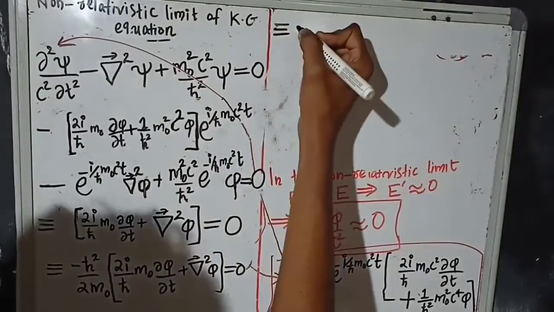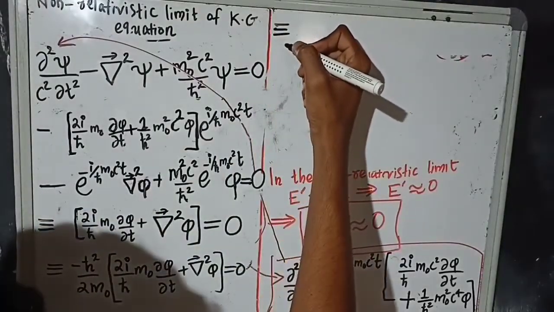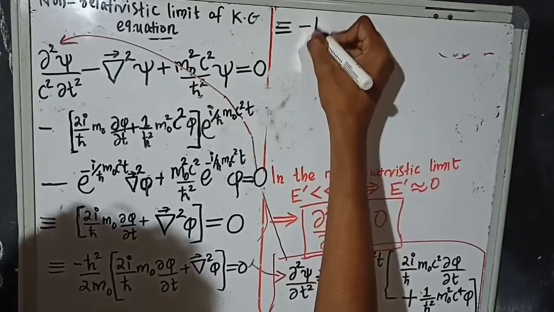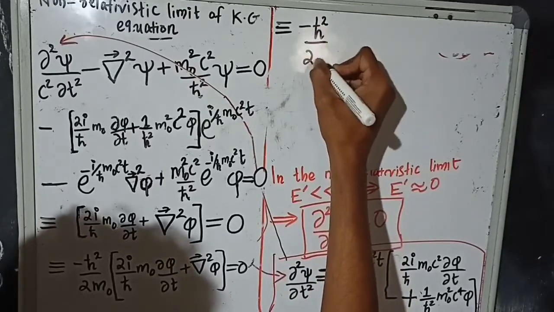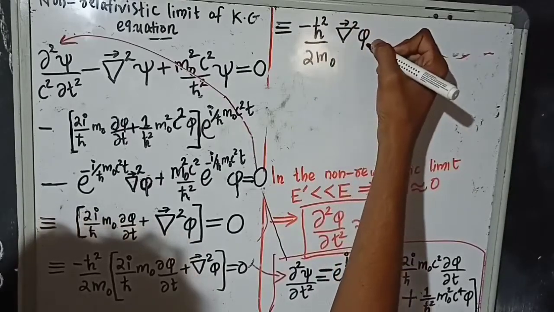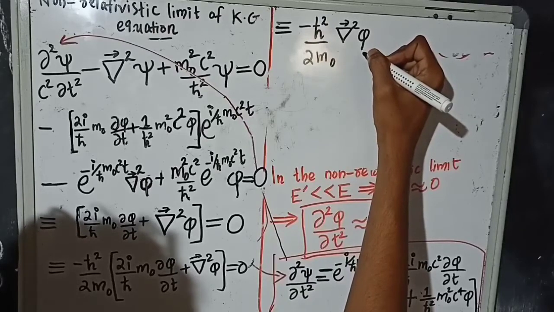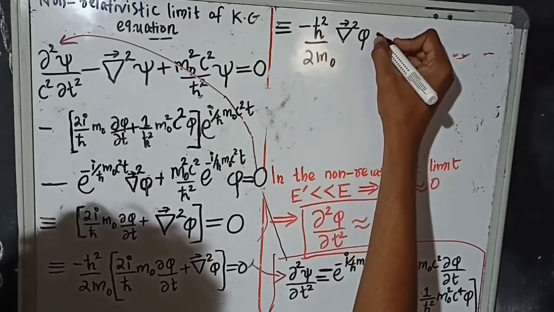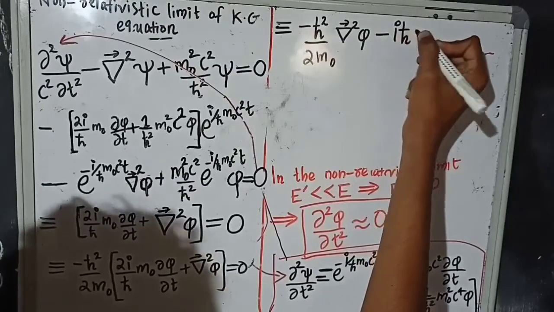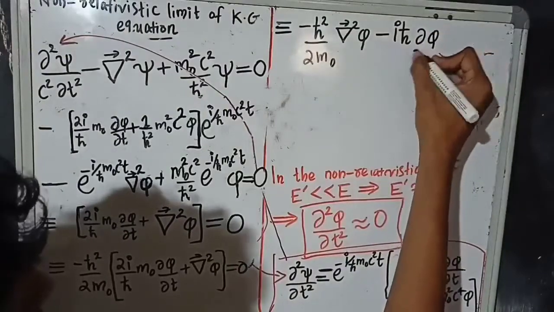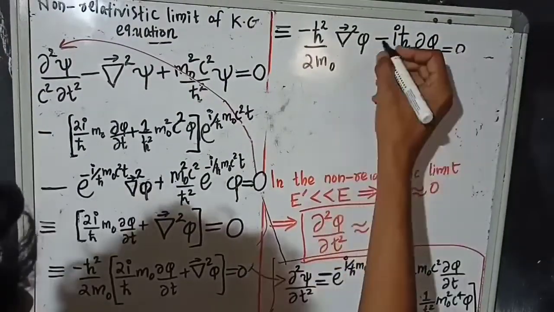So this equation is equivalent to minus ħ²/2m0 ∇²φ minus iħ ∂φ/∂t is equal to 0.